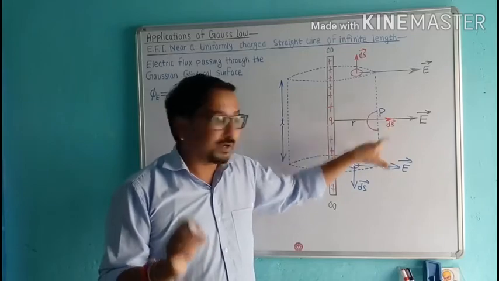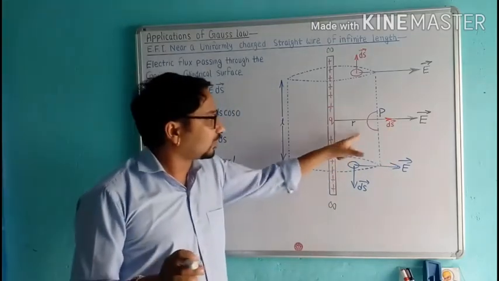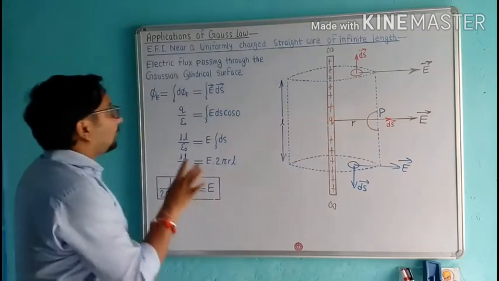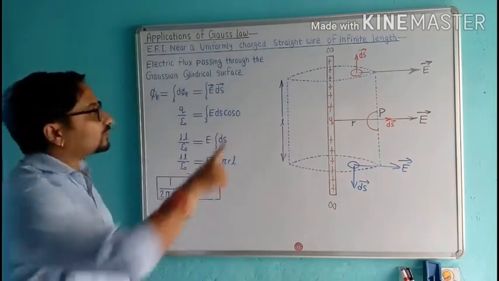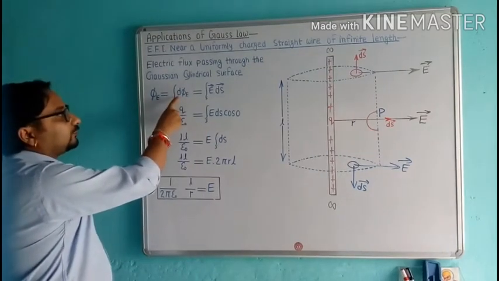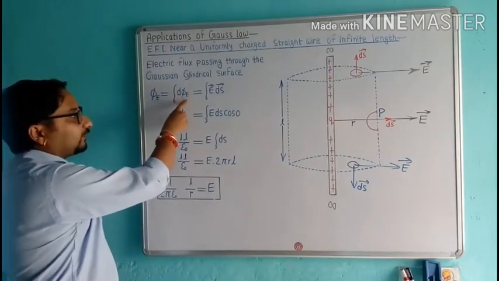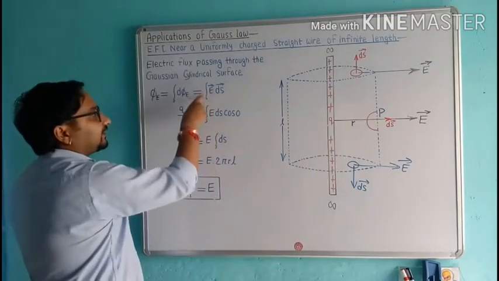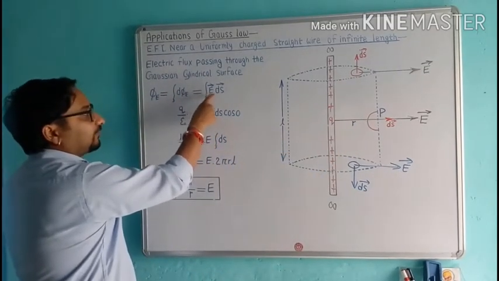That means flux will pass through the curved surface area only. Now, by using Gauss theorem, flux phi E is equal to the integration of d phi E, the flux passing through this area element, that is the surface integration of E dot ds.